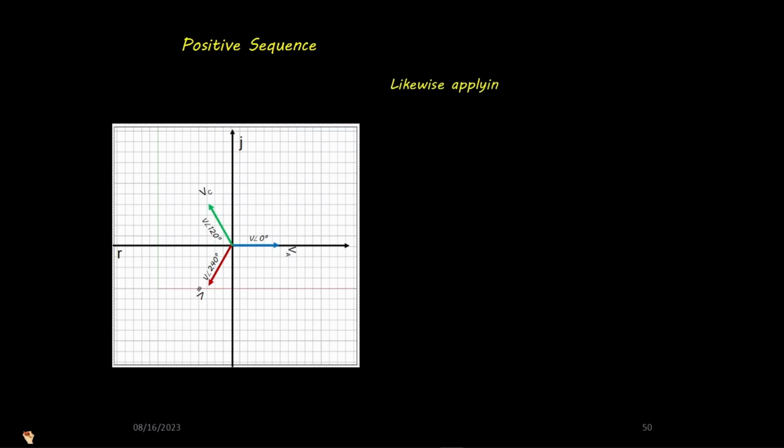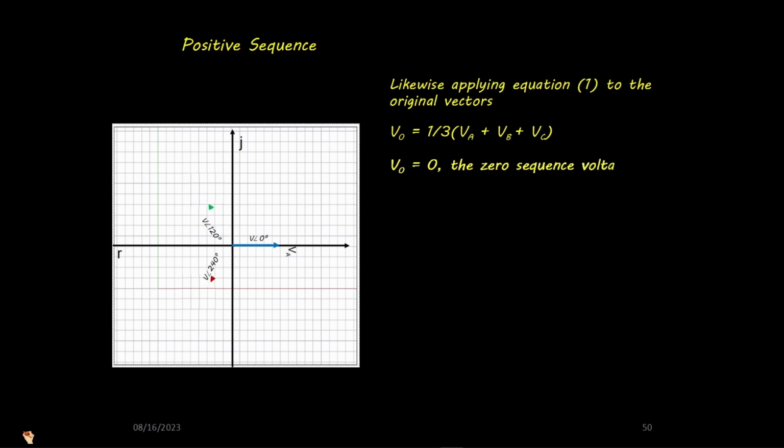Likewise, applying equation 1 to the original vectors, V0 equals 1/3 (VA plus VB plus VC). V0 equals 0, the zero sequence voltage.